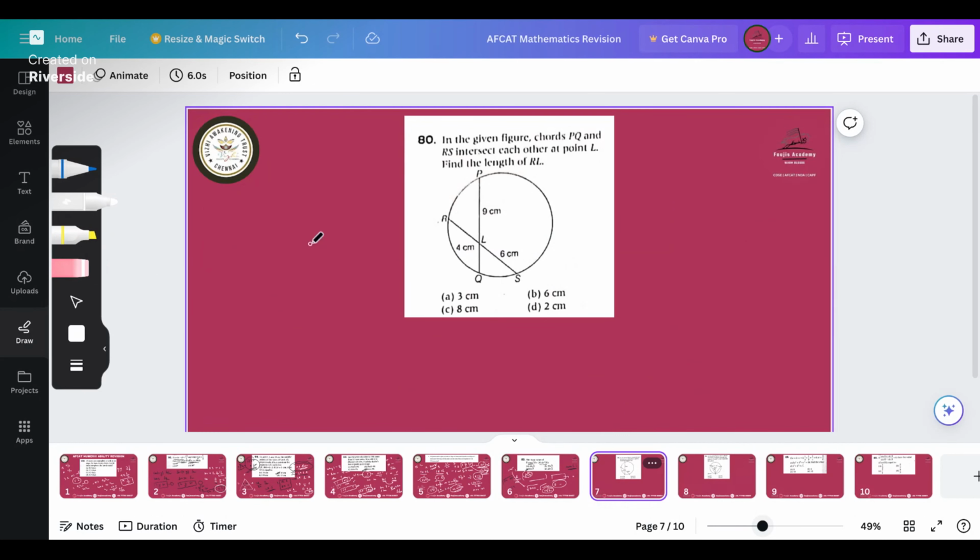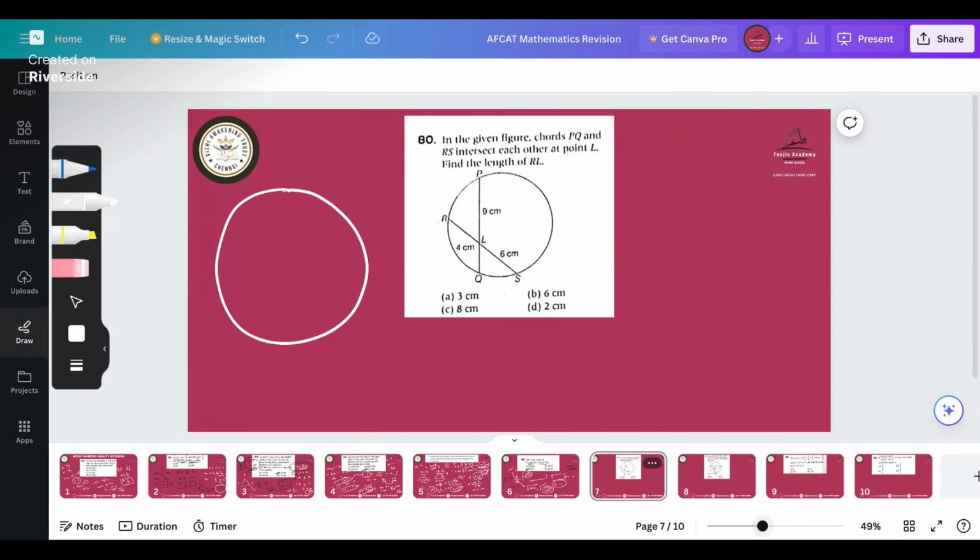So let's move on to the next question, ladies and gentlemen. In the given figure, chords PQ and RS intersect each other at point L. Find the length of RL. So this is your circle, right? This is L that they have already told us.